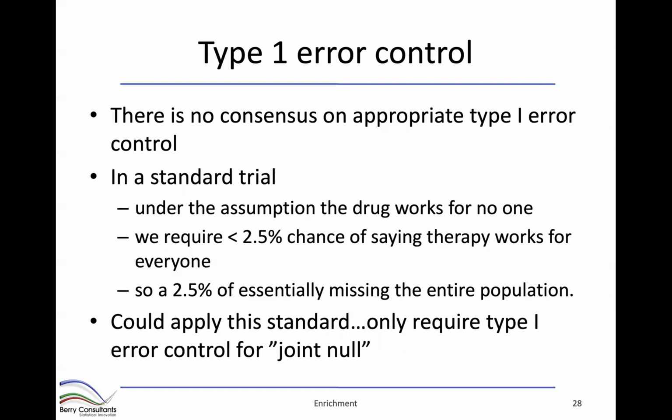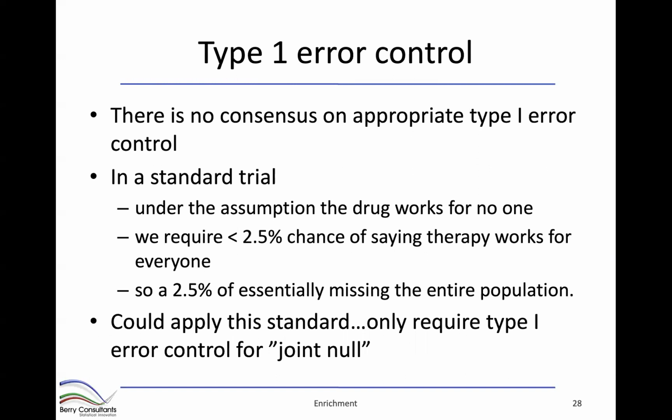In a standard trial, when we talk about type 1 error, that is pretty well understood. Under the assumption that the drug works for no one, remember in a standard trial we're assuming homogeneous effects, what we require is less than a 2.5% chance, this is one-sided, of saying the therapy works for everyone.